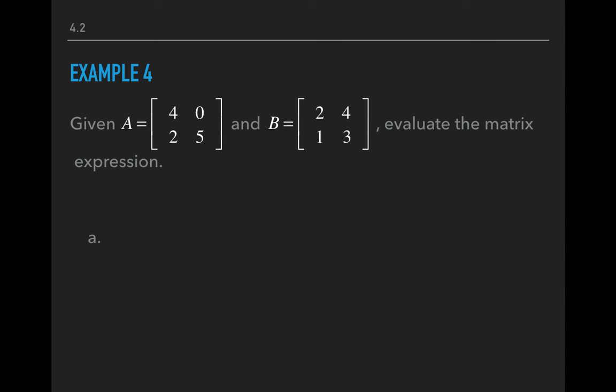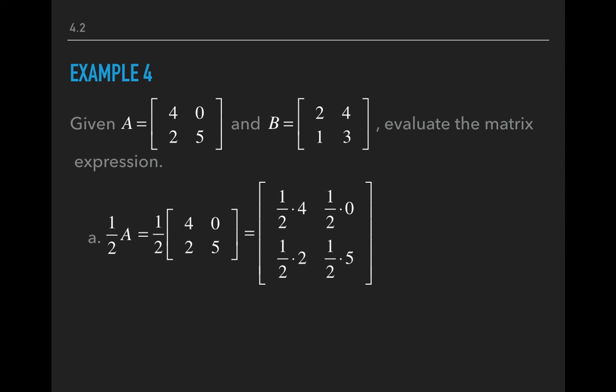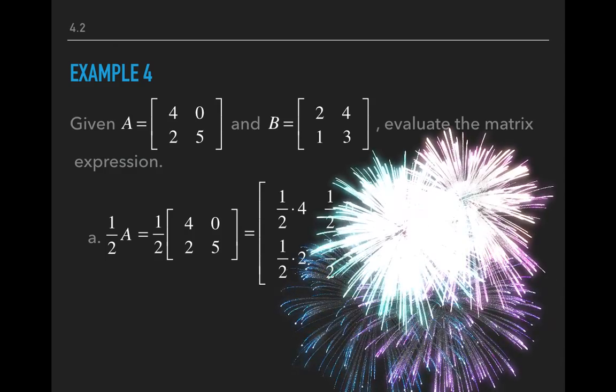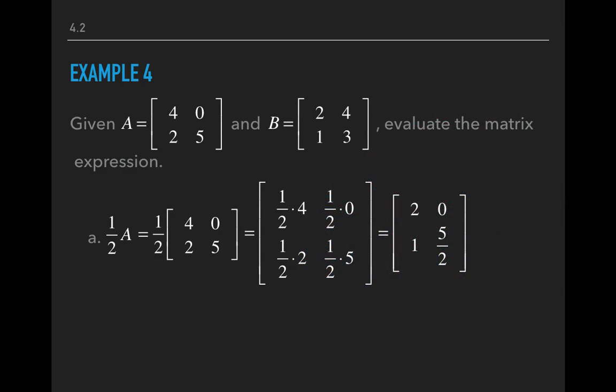Let's practice this in our final example. Here we have a matrix A and a matrix B, and we're going to evaluate this expression, 1/2 A. That means we're going to multiply matrix A by a scalar of 1/2. So every element in A is being multiplied by 1/2. And you would just simplify each of those, giving you 2, 0, 1, and 5 halves.